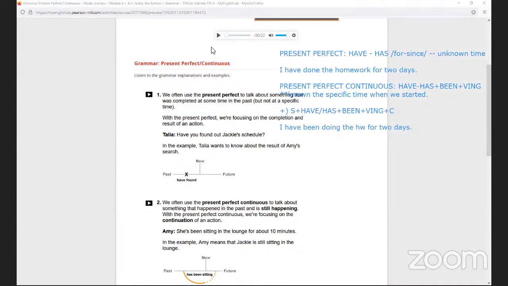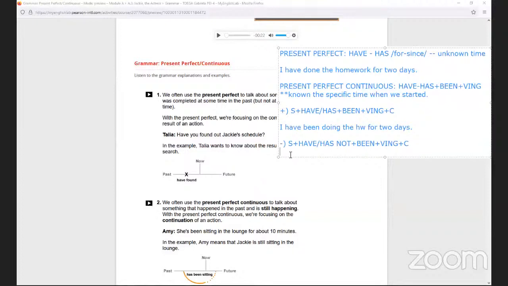So, how is my sentence in negative? Where do I have to put not? After have and has, right? Always, always in the first auxiliary. So, could you tell me an example with negative, Gabby?